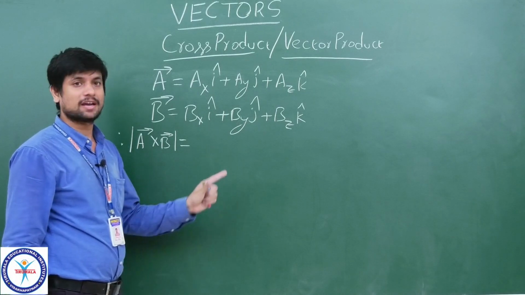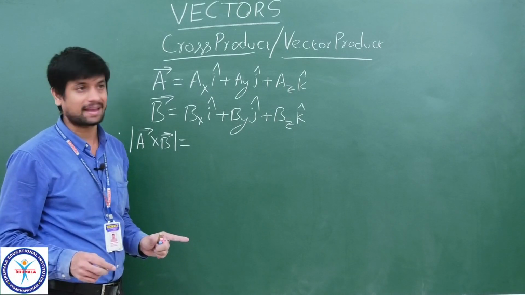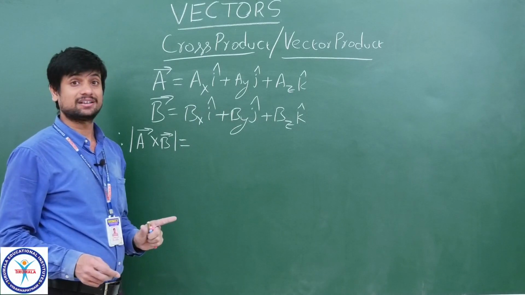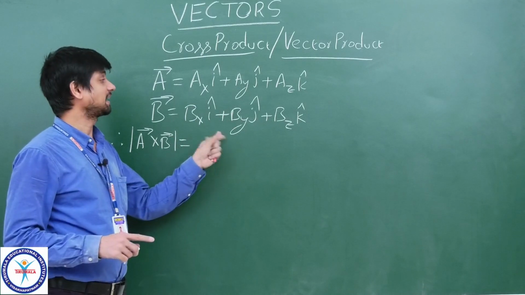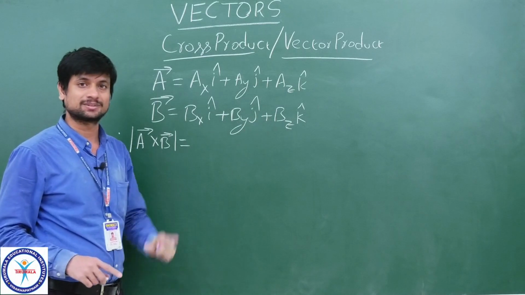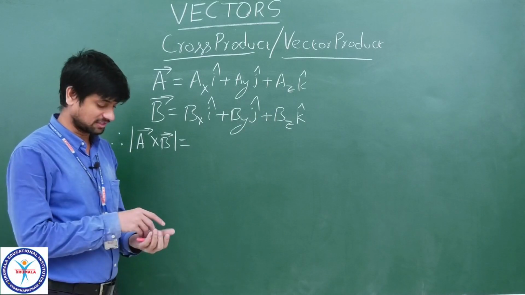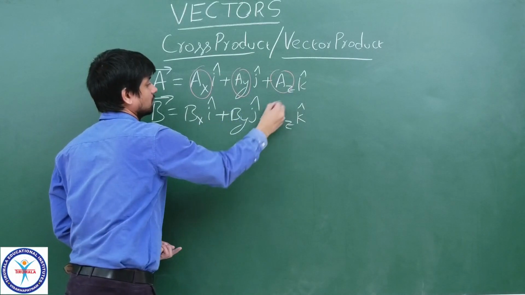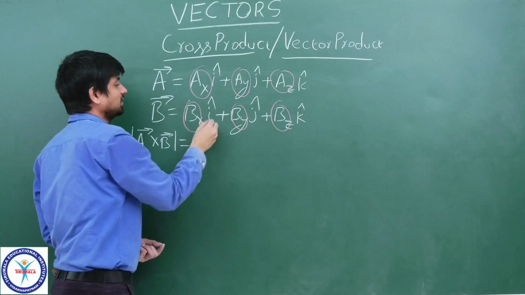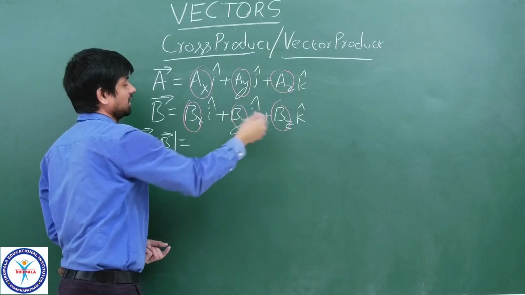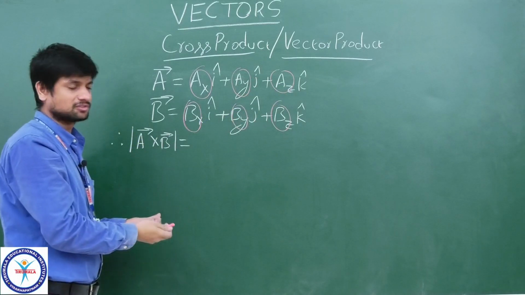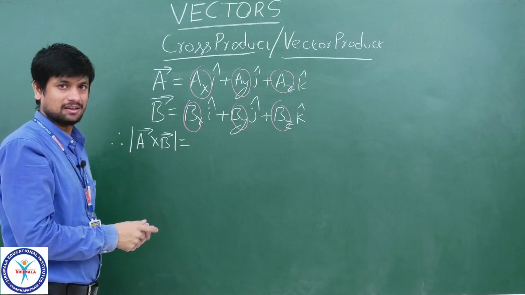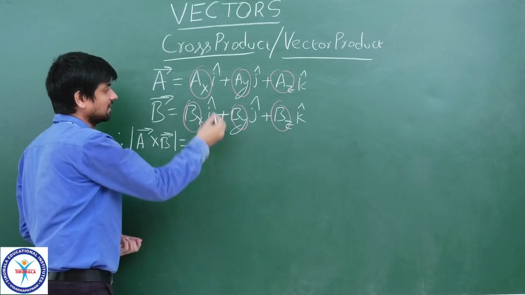Here we don't have angles, we just have their x, y, z scalar components and their unit vectors. These are the scalar components and these are the unit vectors i, j, k. Now if they are given, just multiply. Simply multiply, you will get the answer.